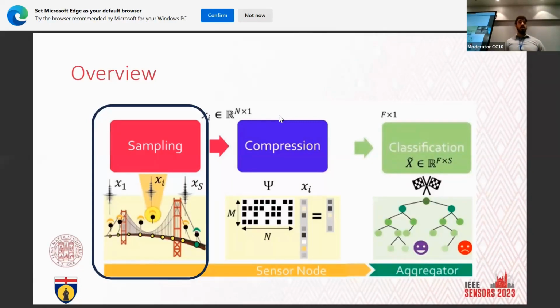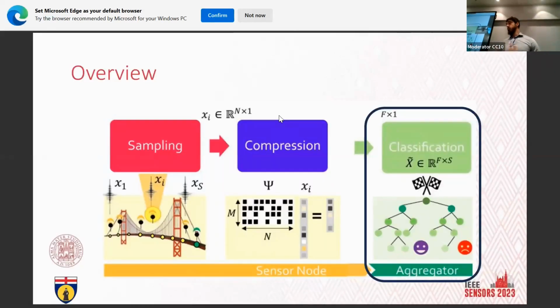If you look in the literature, you can see that a good solution just to have information about the health status of your structures is to deploy vibration sensors all around the structure. Then you can collect data from all those sensors and send the information to an aggregation unit.